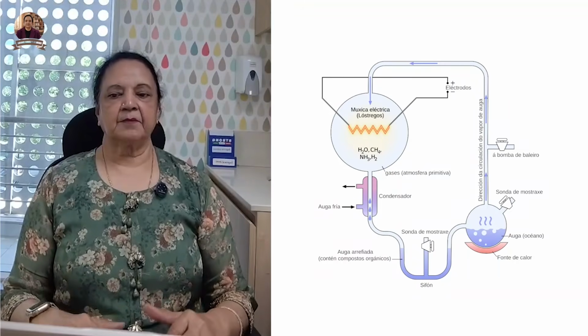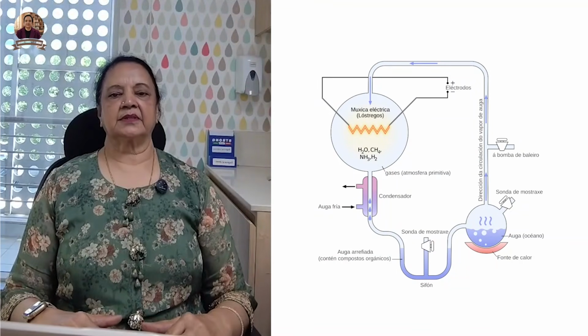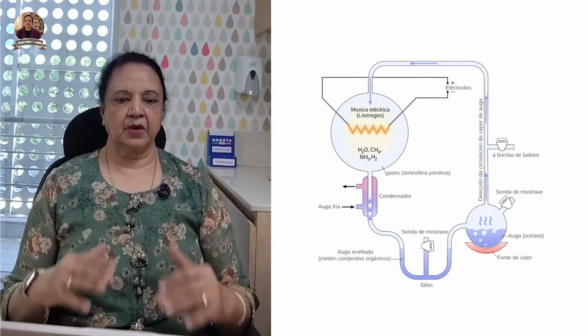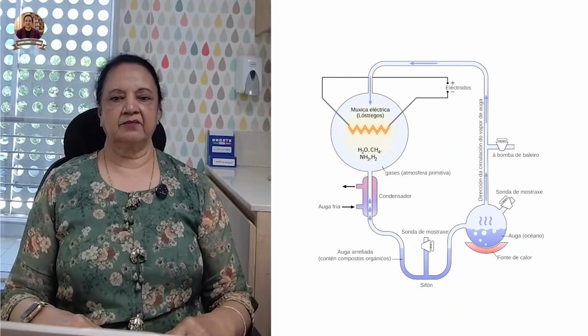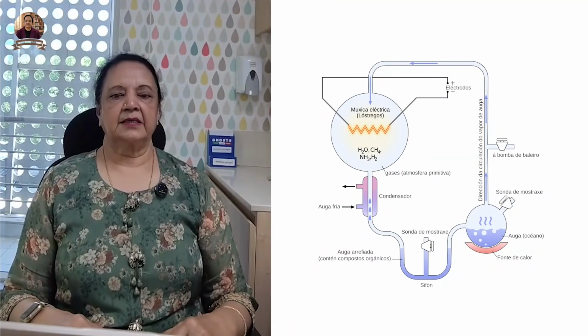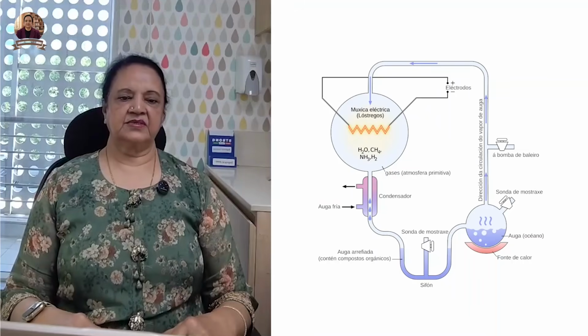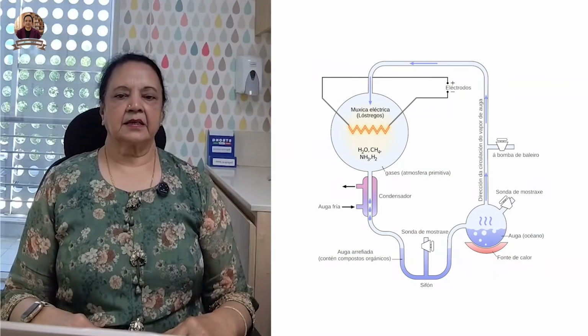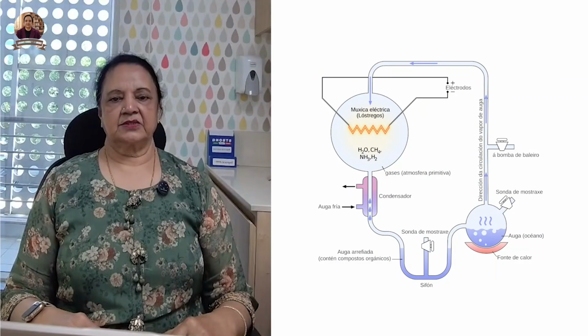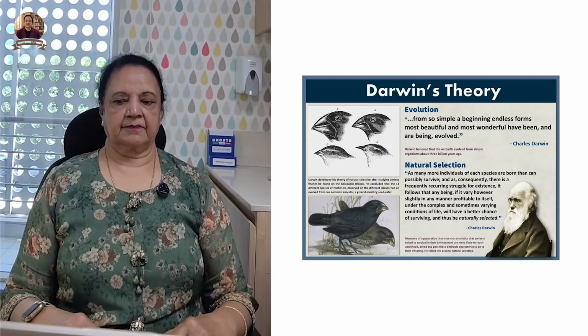In essence, the Miller and Urey experiment showed that the basic building blocks of life are not a divine mystery, but a natural consequence of the physical and chemical conditions that existed on the early Earth.